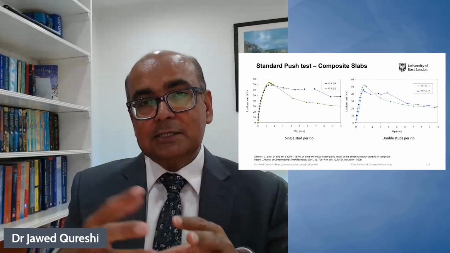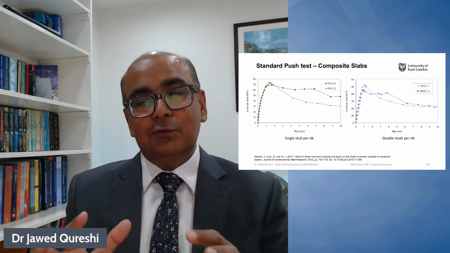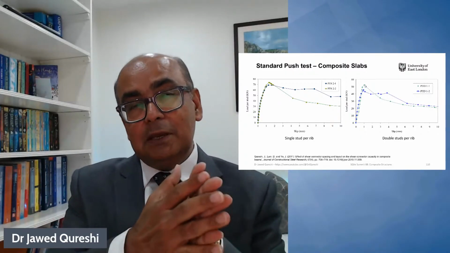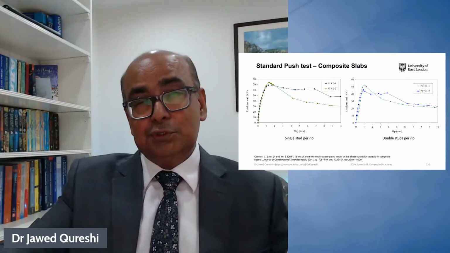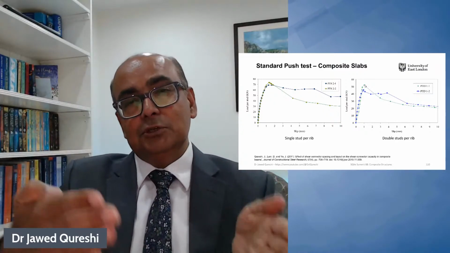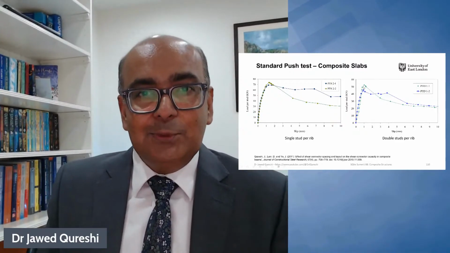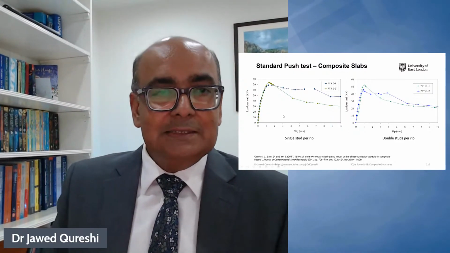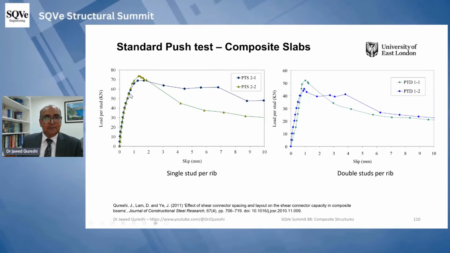So when they are shared, then obviously the size of the cone reduces, unless you have a lot of gap between those studs, which is not possible because the width of the top flange is limited. So that's the reason we have less load per stud in case of double studs, about 30% less. In case of single studs, we have more.